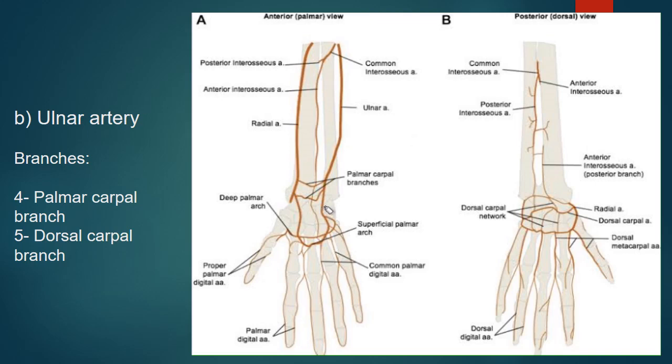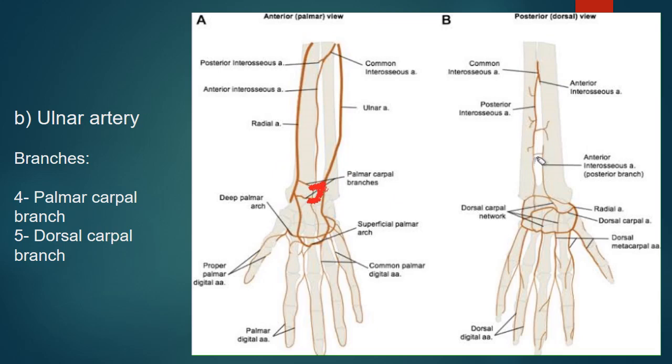This is the anterior aspect. As I have already told you, the ulnar artery gives off the palmar carpal branches, this and this one, which anastomose with the corresponding palmar carpal branches of the radial artery and form a cruciform anastomosis around the wrist joint.